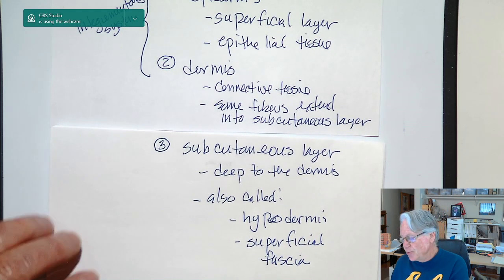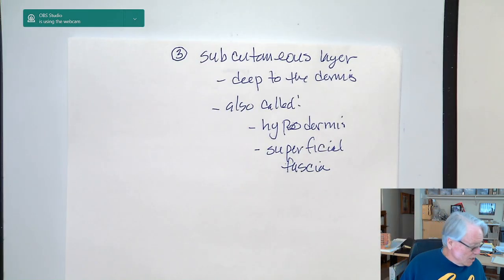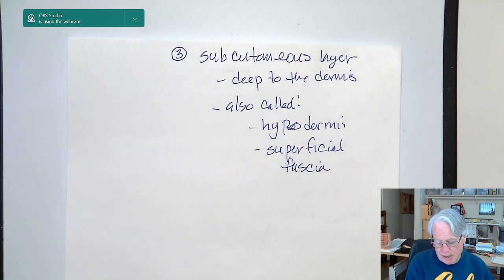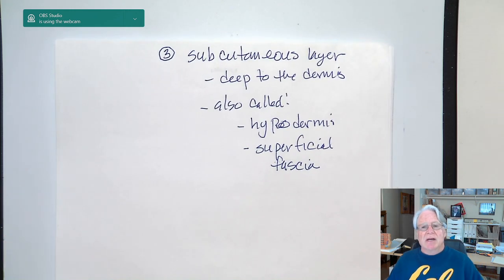So it has three names for the same thing. Why are there three names for the same thing? Well, that's the way things developed over time.